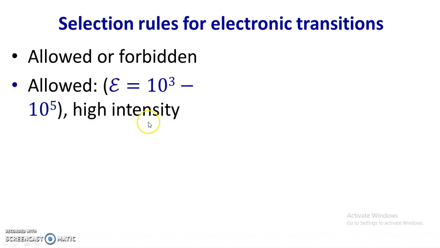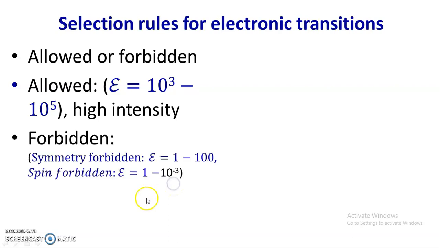The allowed transitions occur when the molar extinction coefficient value ranges from 10³ to 10⁵. That is, allowed transitions have high intensity. While the forbidden transitions occur with much lower intensity.